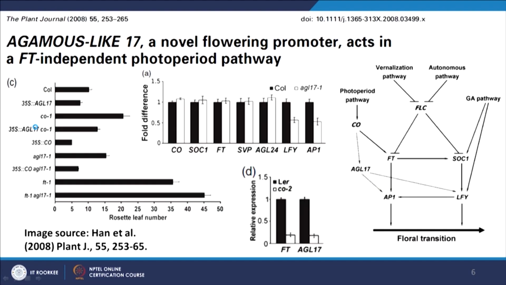enhanced. Similar kind of genetic analysis has been done here to show that AGAMOUS-LIKE 17, another gene which is even working through a different pathway, is also downstream of CONSTANS. As you can see, in the CONSTANS mutant background, the expression of both FT as well as AGL17 is decreased. So, CONSTANS is activating AGL17, and AGL17 is also activating finally AP1 and LFY.